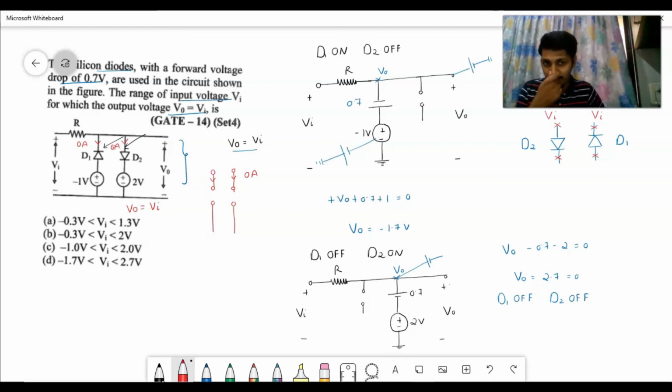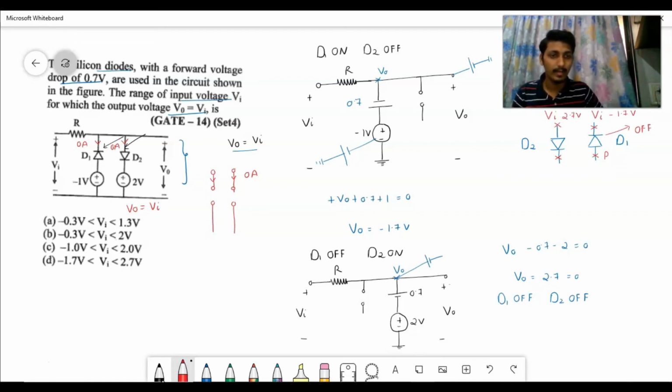If we take here Vi and here Vi, so for D1 in on condition we have got minus 1.7. So minus 1.7 will be greater than this P terminal, so it will obviously be off because N dominates, P does not dominate. So this will be in off condition. And for D2 on we get 2.7 volts.